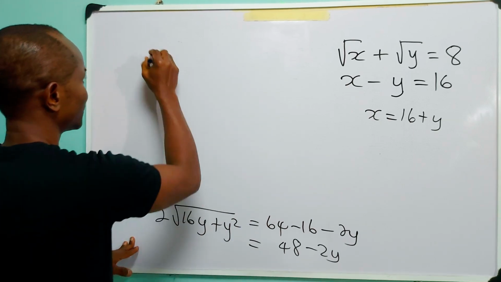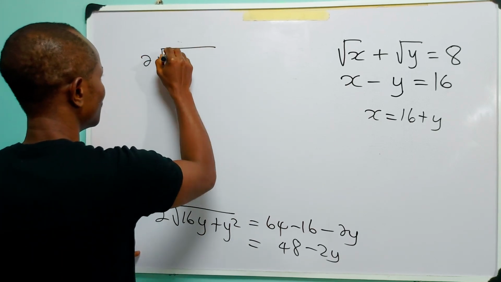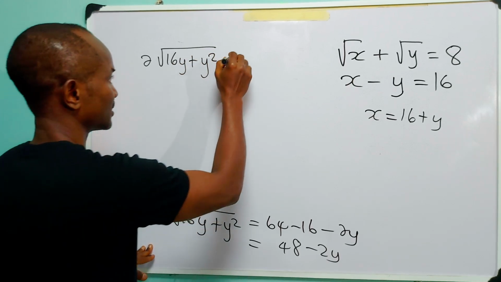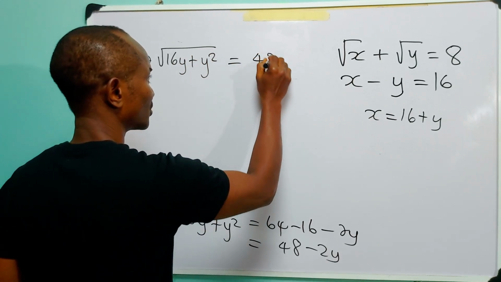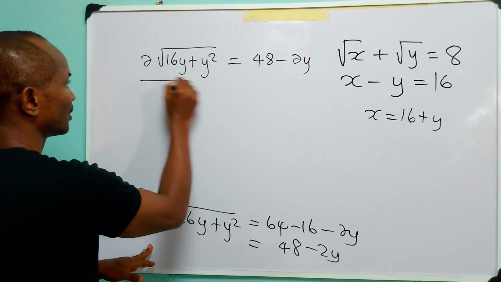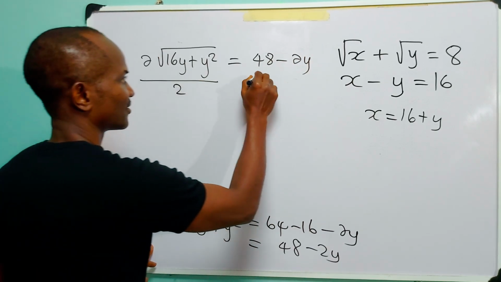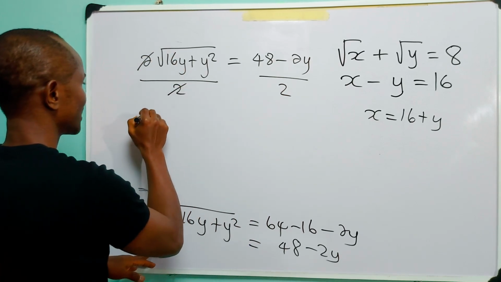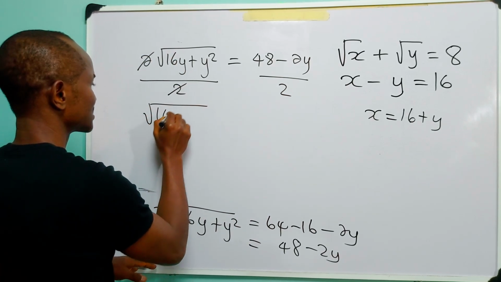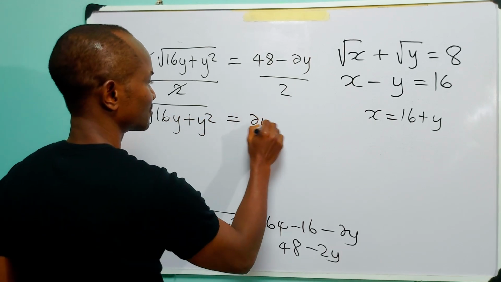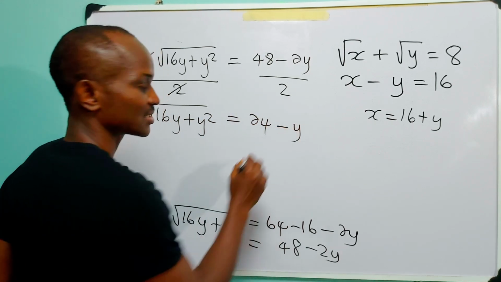So ultimately, we have that 2 root 16y plus y squared is equal to 48 minus 2y. Next is to divide both sides of this equation by 2. That takes care of that, and we have root 16y plus y squared is equal to 24 minus y.